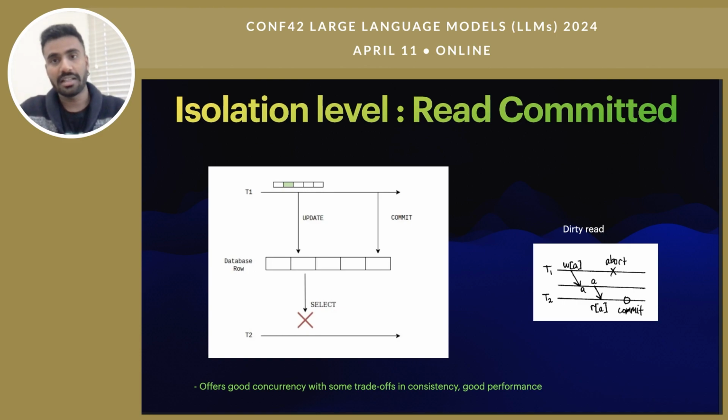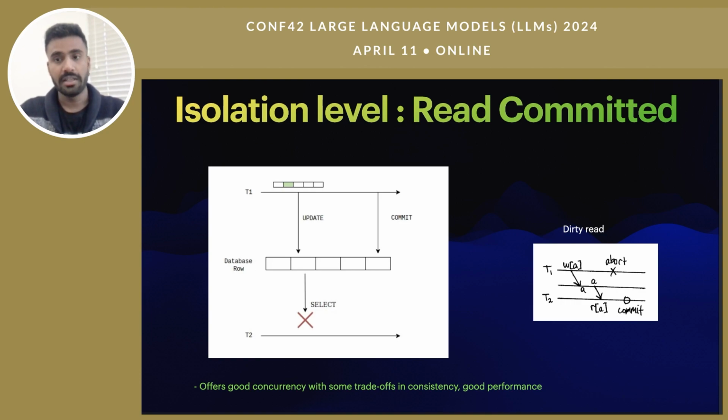So that's what the read committed isolation level means. As you can see on the left side of the picture, T2 is not allowed to read the data until T1 has finished writing and committing it. This isolation level does not allow any other transaction to write or read a row that another transaction, here T1, has written to but not yet committed.